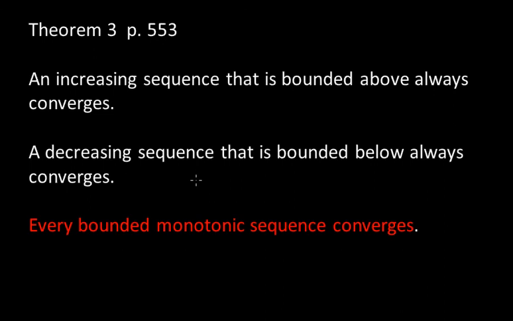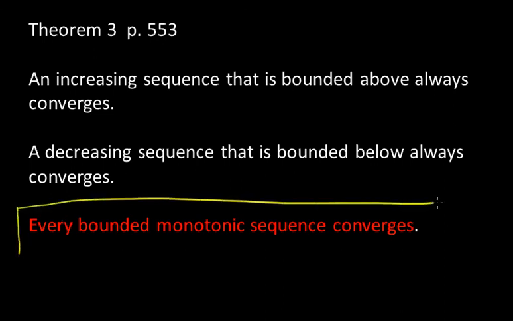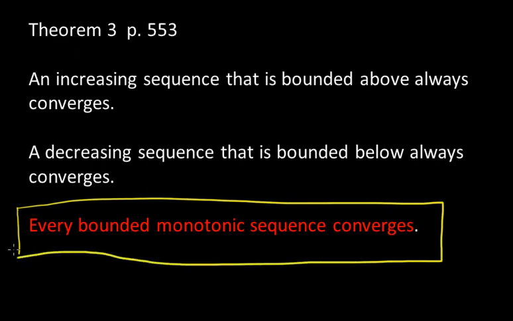You could see that because if it's always decreasing and it's bounded below, it has to converge. Now, we're not proving this. You'll prove this in a later course, but this is extremely important and pretty obvious, really, when you look at the examples that we looked at. Every bounded monotonic sequence converges.